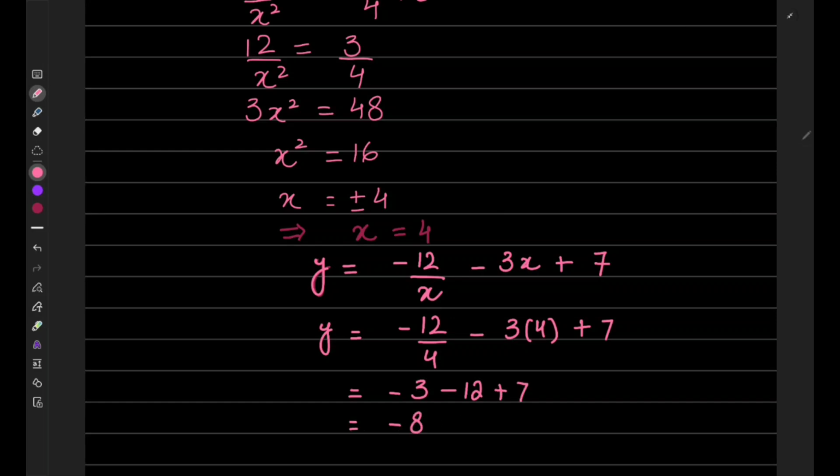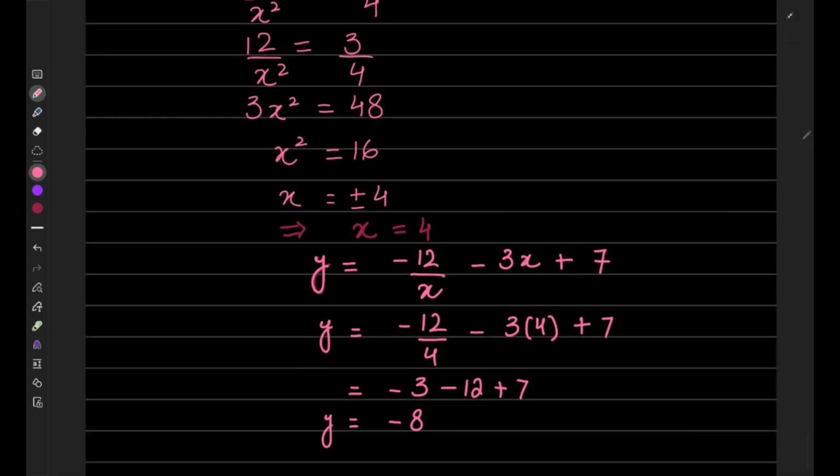So the point that lies on the curve is 4 comma minus 8. So this is your point.